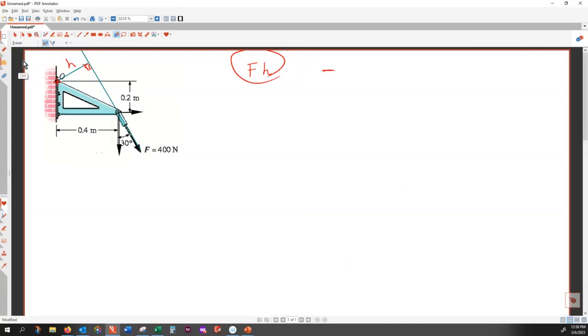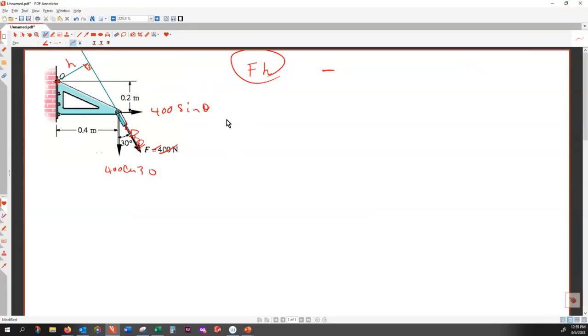Now, these two forces, Nguyen, are what? This one is 400 cos 30, and this one is 400 sine 30. And then let's just cross this one out. That doesn't exist anymore. Now my system is under rotation with two forces.